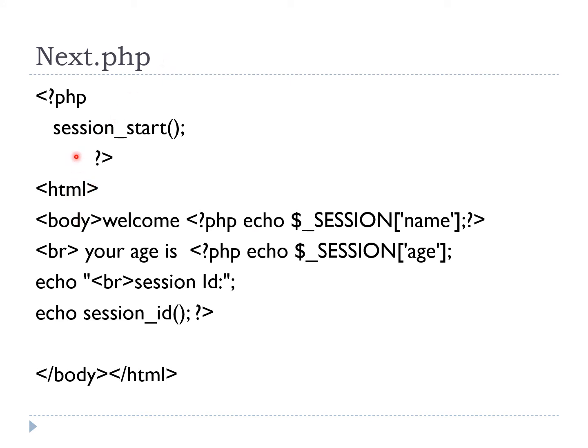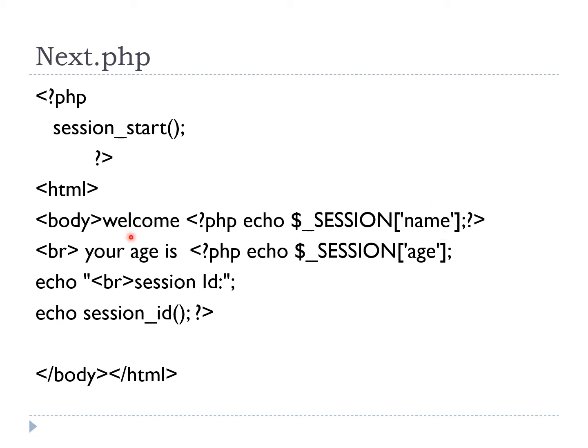After the PHP tag, the HTML tag is opened, then body, then Welcome. Again a PHP tag is opened with echo $_SESSION['name']. So a PHP expression is embedded in the HTML page. What is $_SESSION['name']? It contains the data JAWS.